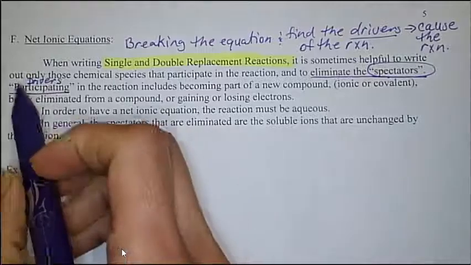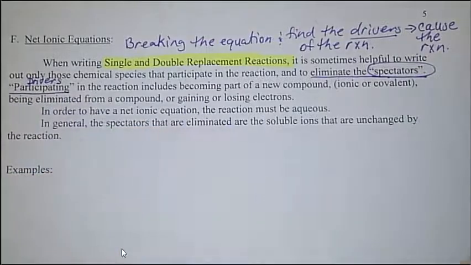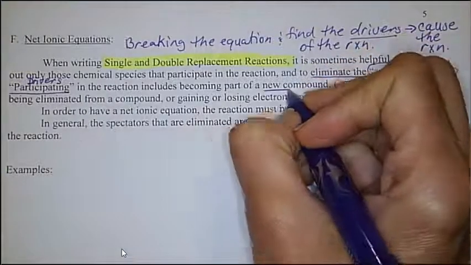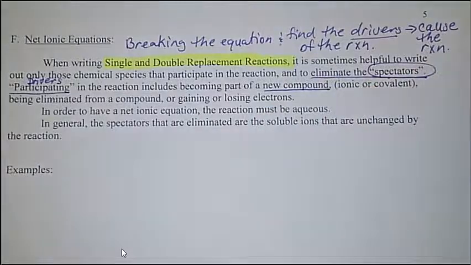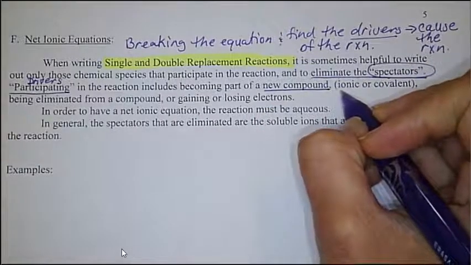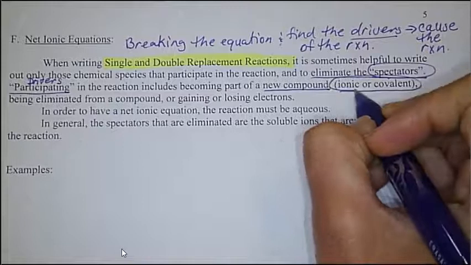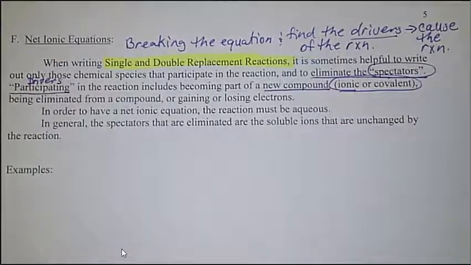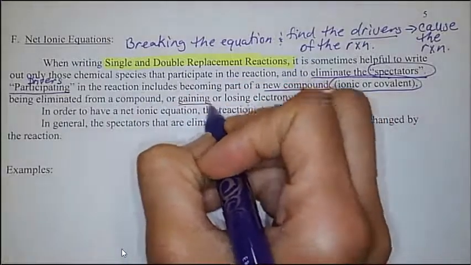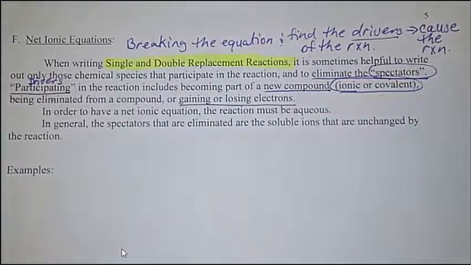And these participants in the reaction start off as one compound, but as they go through the entire reaction, they eventually turn into some other new compound. The compound has either ionic or covalent bonds. It doesn't really make a difference. And all of this is accomplished by losing or gaining electrons in the reaction.